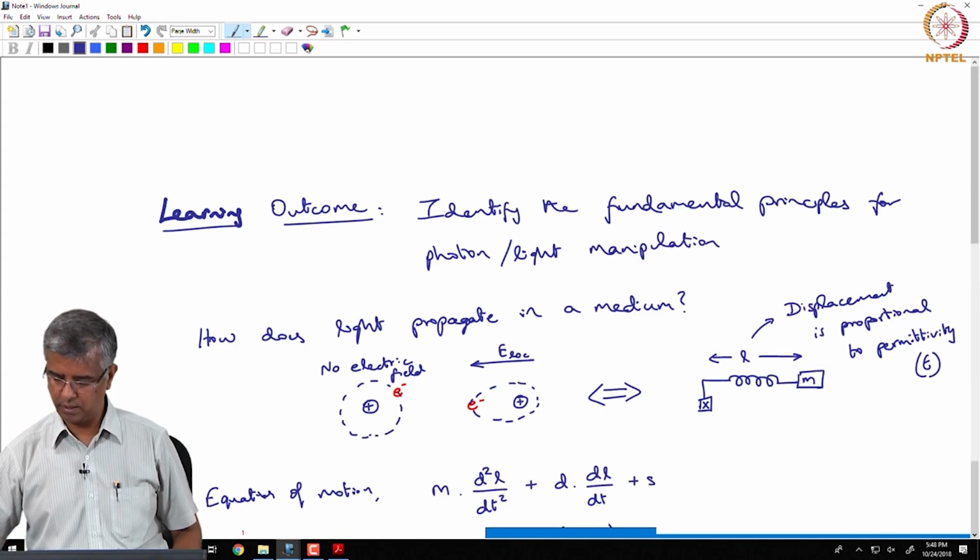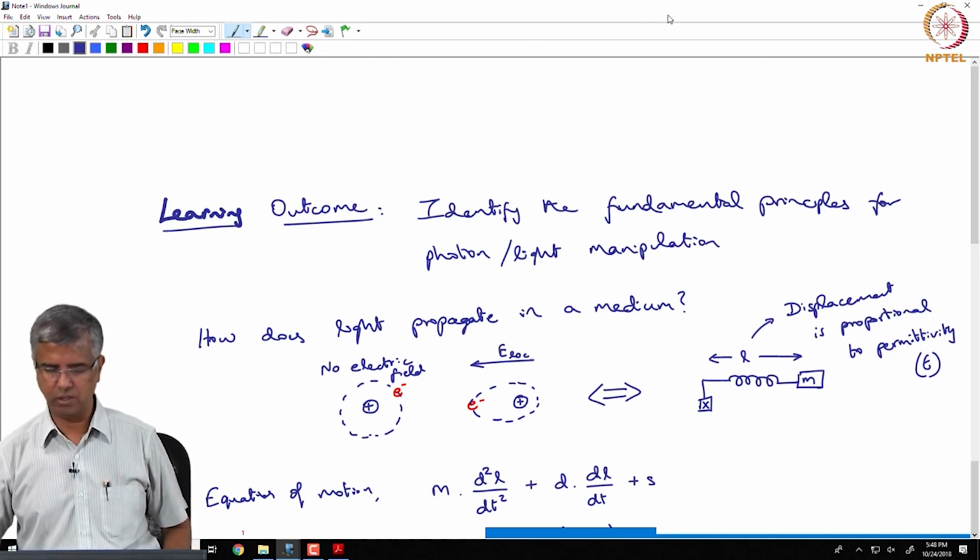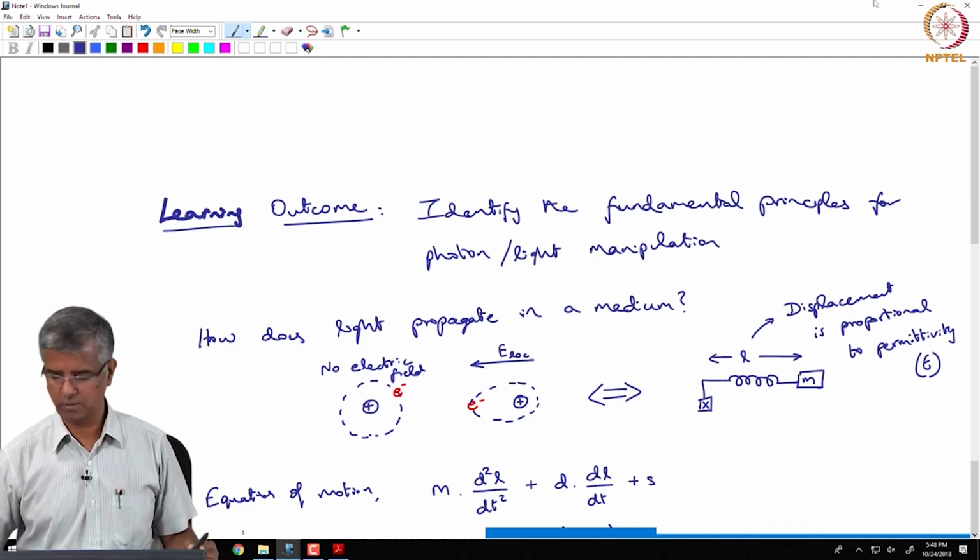So, d is your damping coefficient, and S is actually your spring constant.